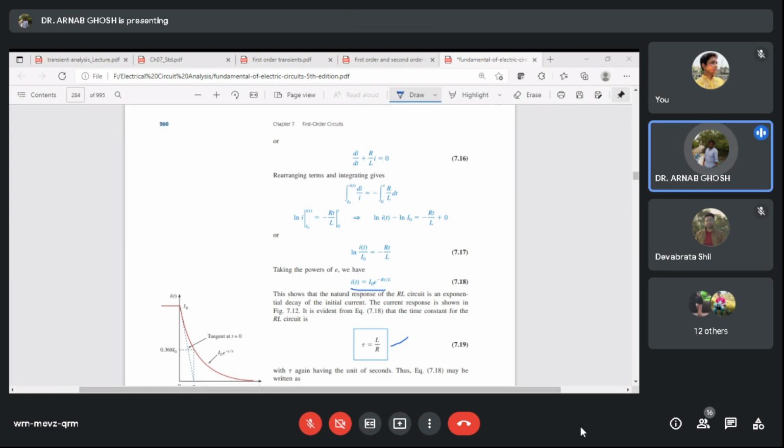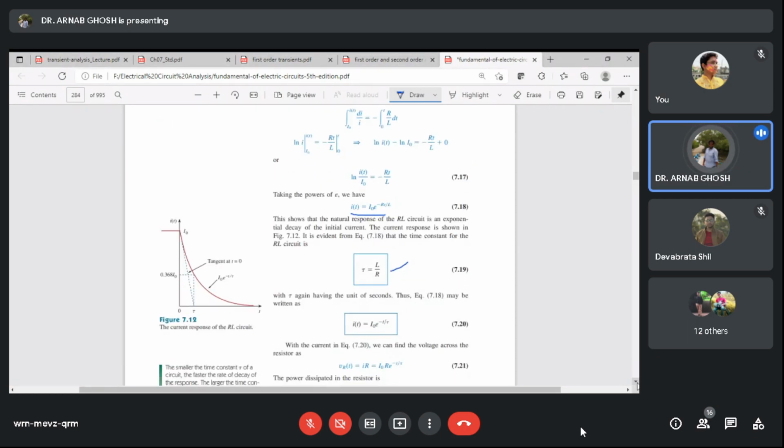So we are talking about the graphs that you have got here. See, this is the discharging graph, right? And you are plotting the discharging graph for current with respect to time. So you already know what I mean by the time constant.